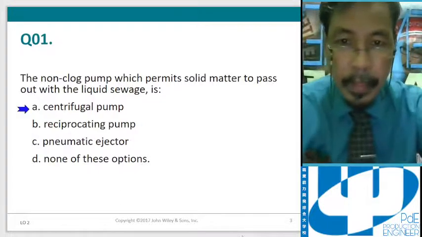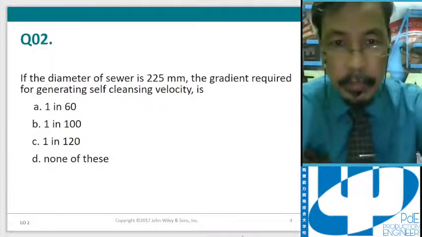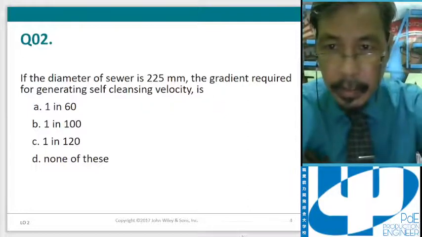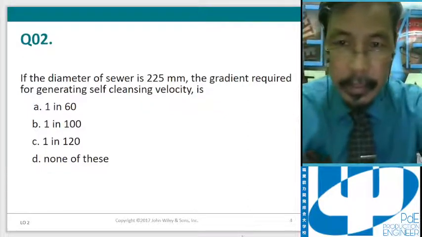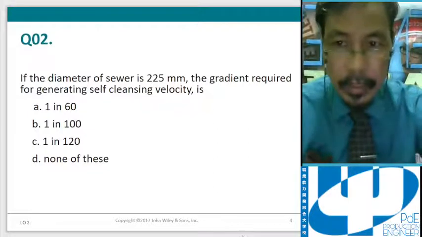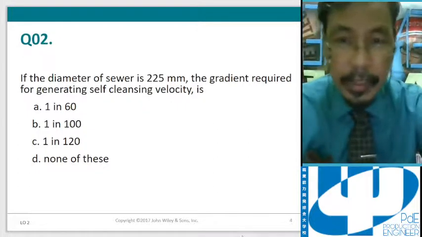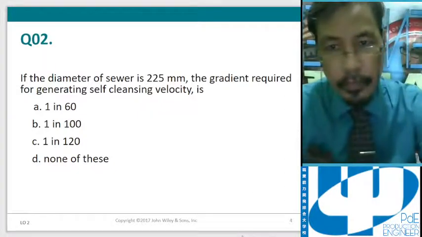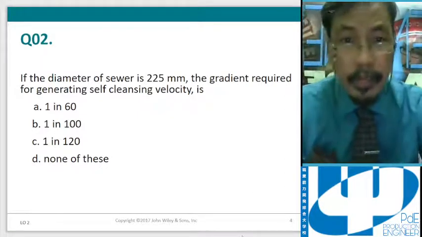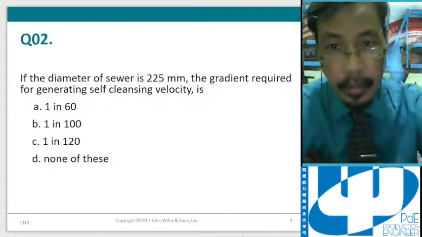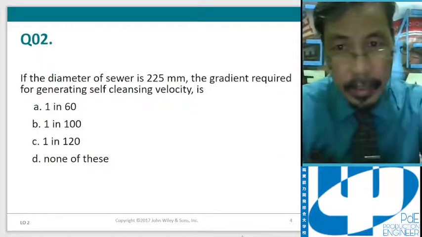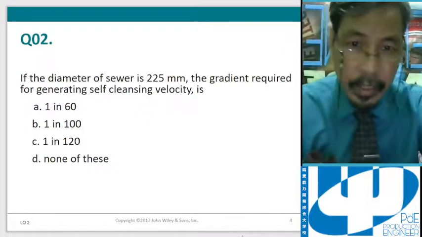Okay. Question 2. If the diameter of sewer is 225 mm, the gradient required for generating self-cleansing velocity. So the concept is self-cleansing velocity. This velocity is dependent upon several factors, but it can be estimated here with this given diameter of sewer.